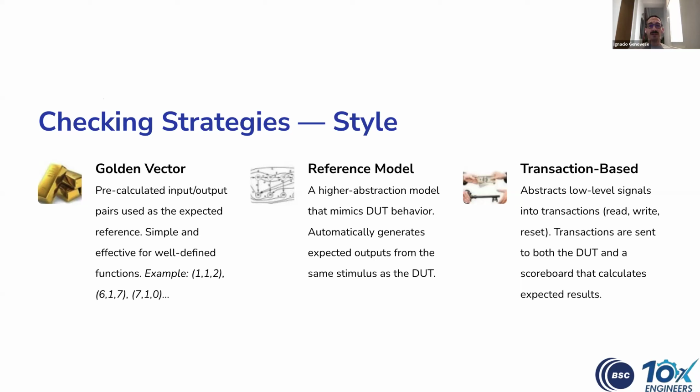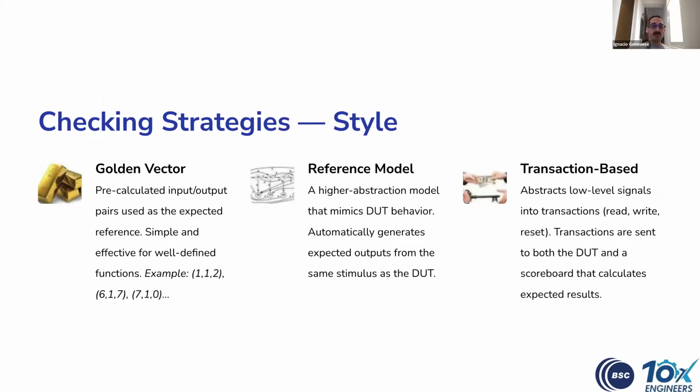And also we have transaction-based strategies where we abstract the low-level signals into transactions. For example, a read, a write, a reset operation is sent to both the DUT and the scoreboard, and then is later converted to the signals at the interface level.